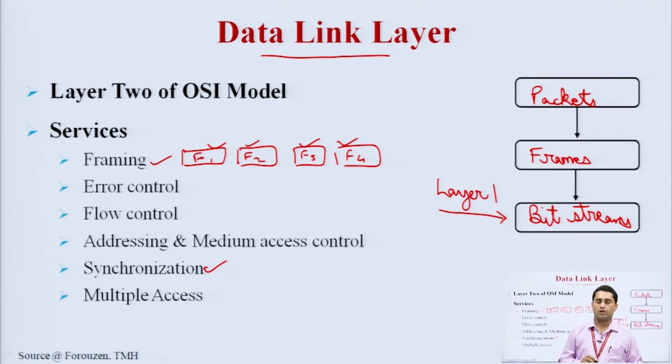Now, the next important point about the data link layer is control. Control is in the form of two things: one is flow control and another is error control. Take one example, the basic scenario.